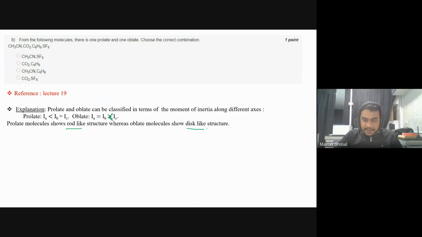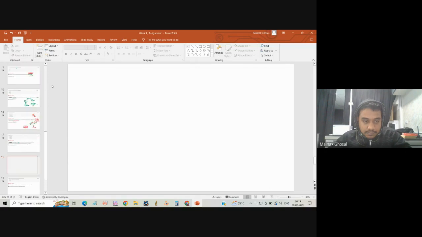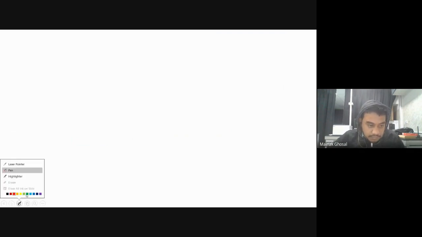The same thing. Now I am going molecule by molecule, and then you have to find which one is prolate, which one is oblate. Suppose I am going with CH3Cl. Okay, I'm taking a new slide. First molecule was CH3Cl.